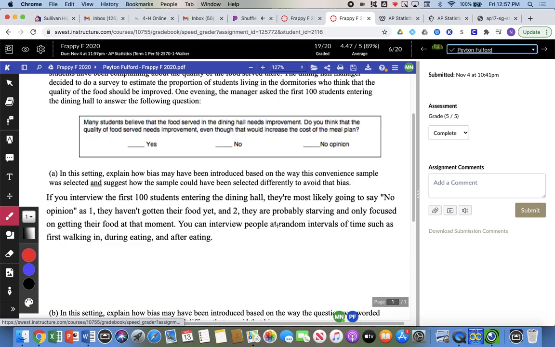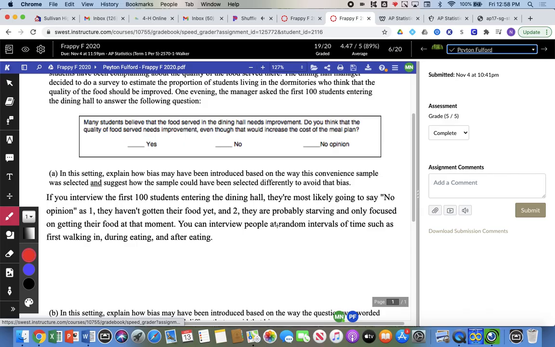Okay, different groups of people. Obviously, there's probably some reasons why those people come in first. Now, something else I thought about, and I don't know if any of you guys mentioned this, they're only asking people that are at the dining hall. Don't you think that there's probably people that are choosing not to eat the dining hall food because they don't like it?